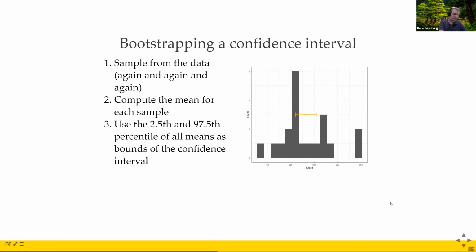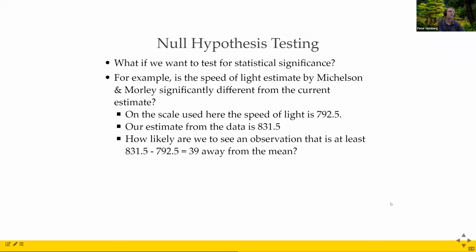And having confidence intervals is quite useful, of course, but often you're also interested in doing a test, right? So you want a null hypothesis test to compare either two groups or your measurement, in this case, with a different measurement.